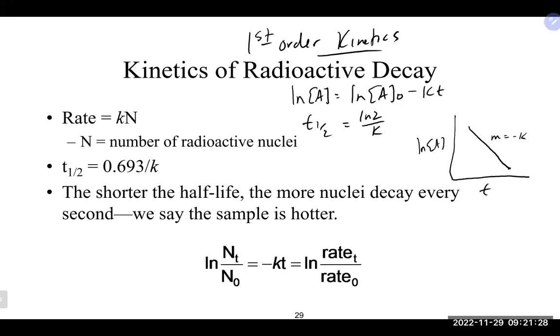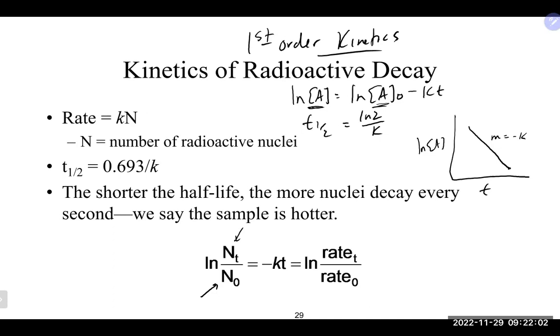But pretty much all radioactive decay will follow that first order kinetics, but sometimes they will use some different symbols because it's nuclear chemistry. So they'll use N for nuclide instead of A, for example. One other thing that's also a little bit different than what we did before in terms of kinetics is typically when we did kinetics, we would use concentrations here. And you can use concentrations, but frankly, you can use any unit you like.